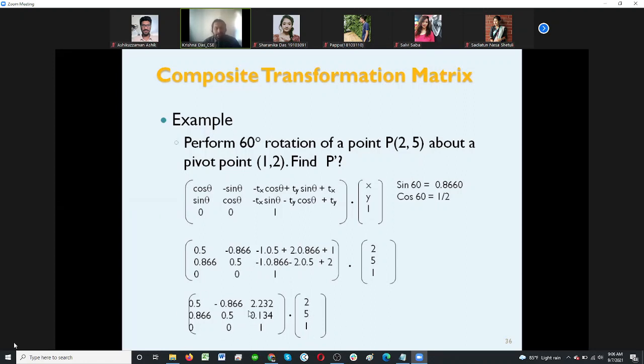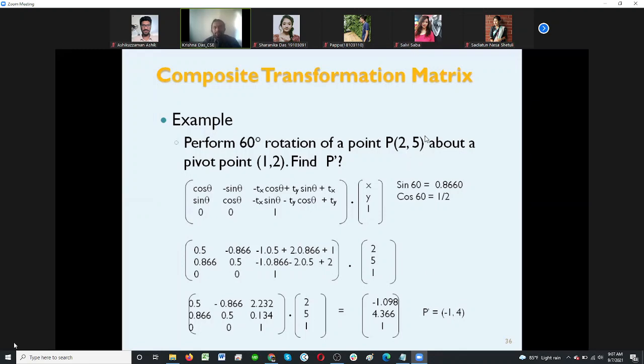Now we do the final calculation row and column wise, then we get the value after addition, subtraction and so on: minus 1.098, 4.366 and 1. Now you should always consider the rounded value, so this should be minus 1 and this should be 4, because this is 0.3. So we get minus 1, 4, 1. In two dimensions we can say minus 1 and 4.